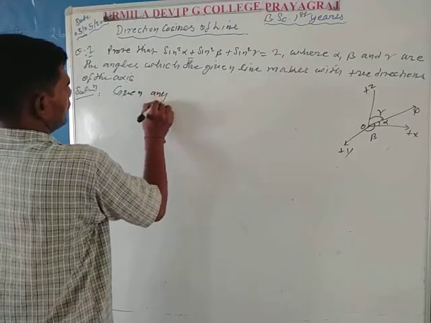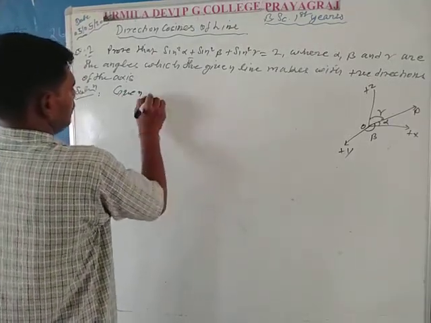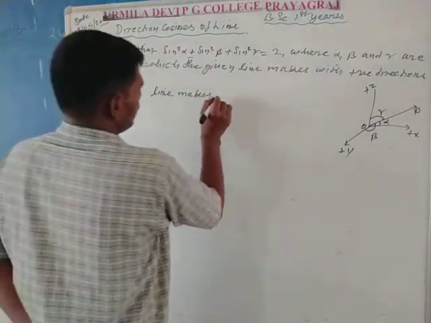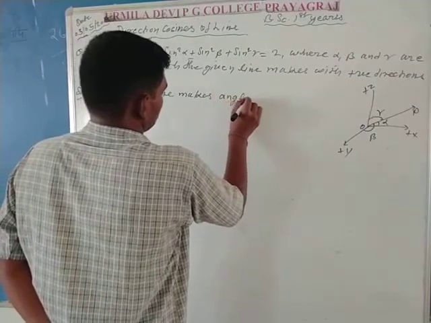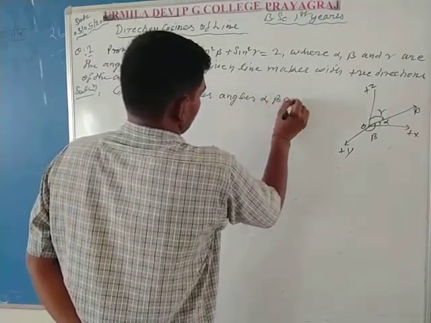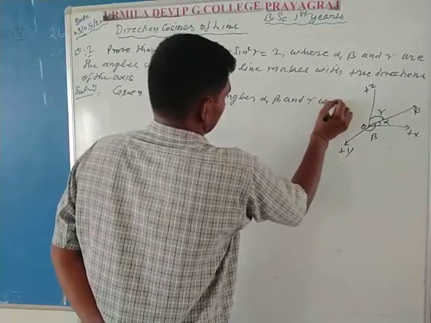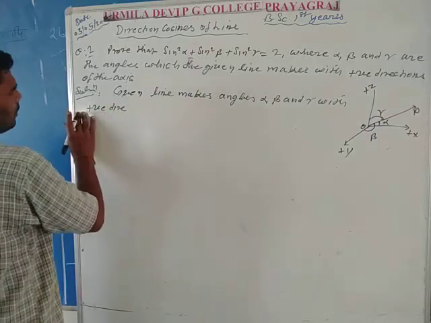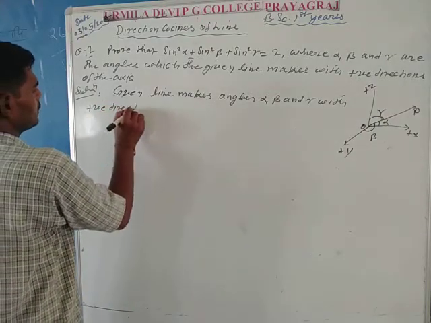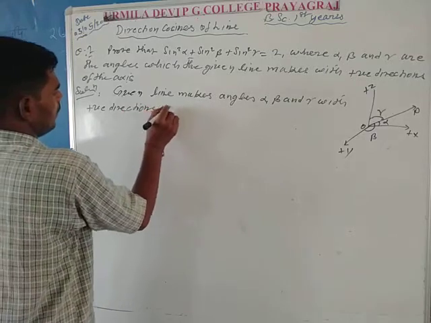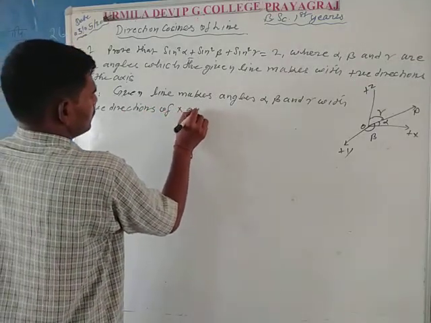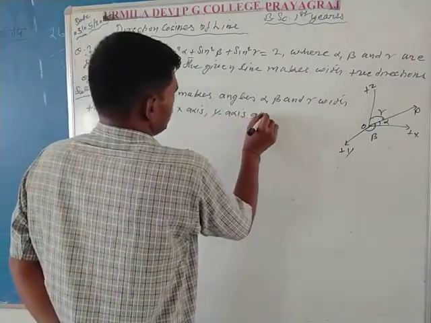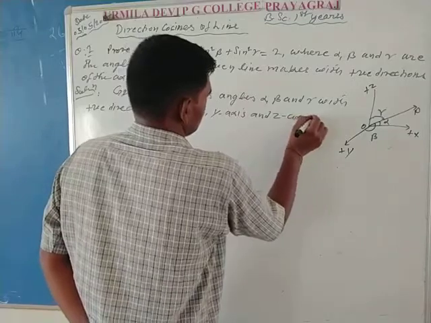Here it is given that a line makes angles alpha, beta and gamma with the positive directions of the x-axis, y-axis and z-axis respectively.